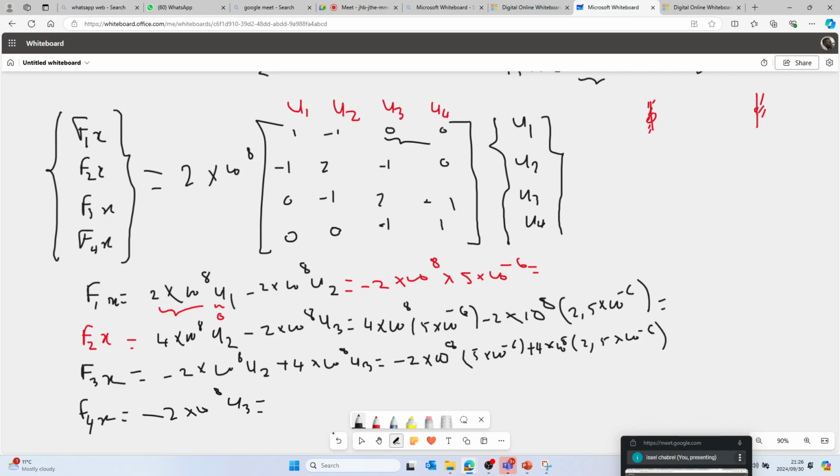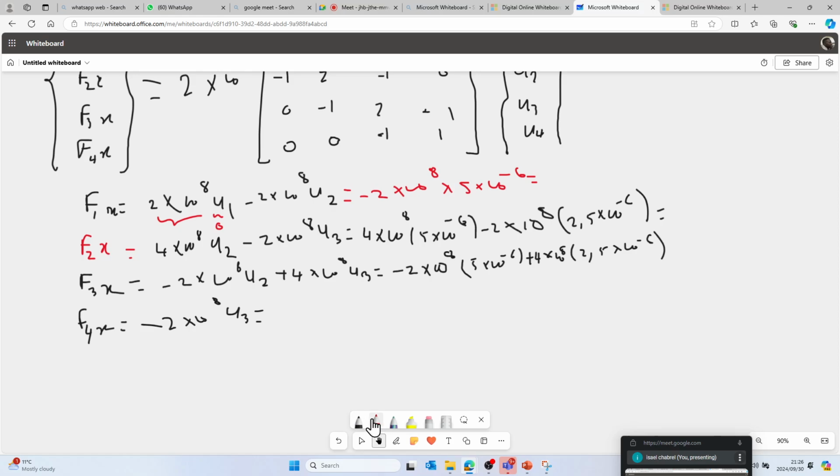U4 is a fixed point. So guys, it is minus 2 10 to the 8 multiplied by U3, which is 2.5 10 minus 6. Please guys, we don't have time. Get your calculator, let's get all these answers in 4 minutes. Please do it with me.